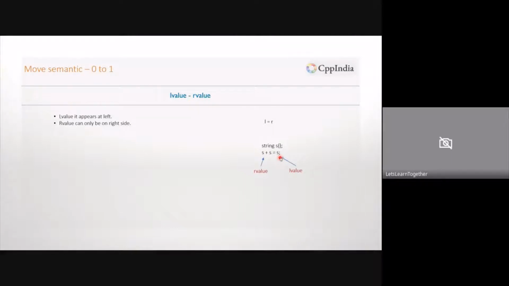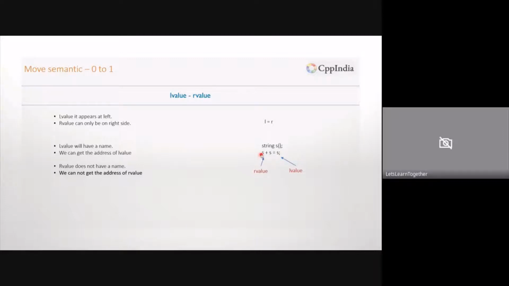So how can we say what is an L value and what is an R value? An L value will have a name, and we can get the address of an L value every time. An L value can be on the right side of the assignment operator or on the left side. An R value will not have any name.